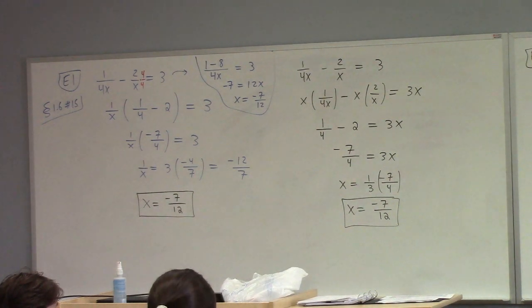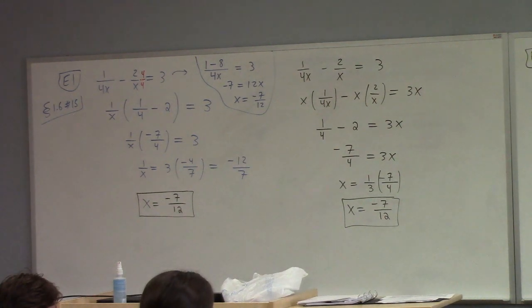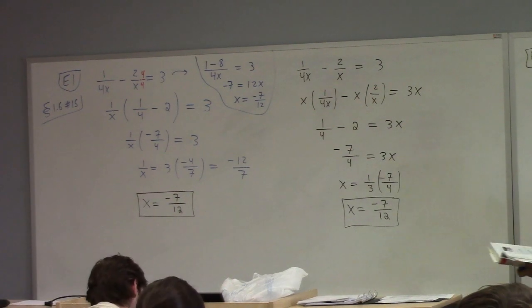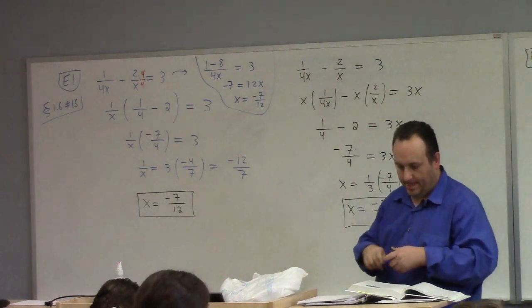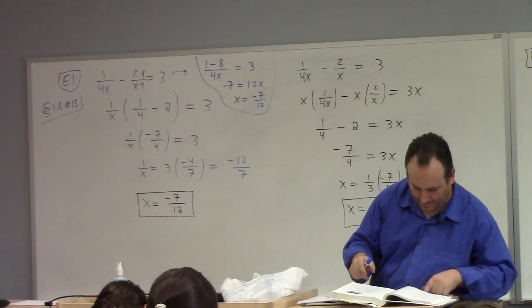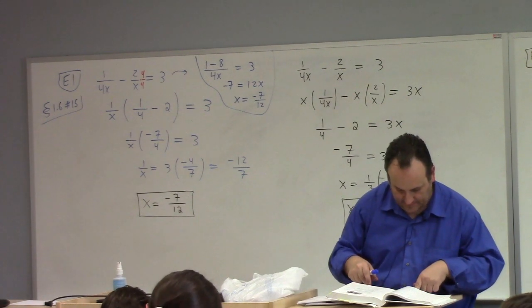What if we're up against 3 over x minus 2 plus 1 over x plus 2 is equal to 12 over x squared minus 4. So what would you guys suggest I try there?